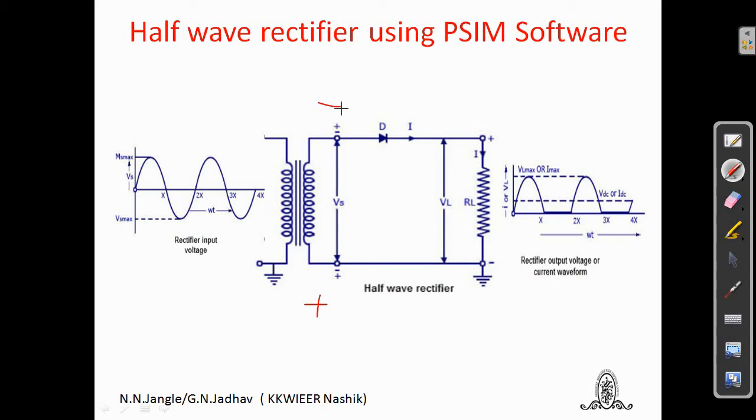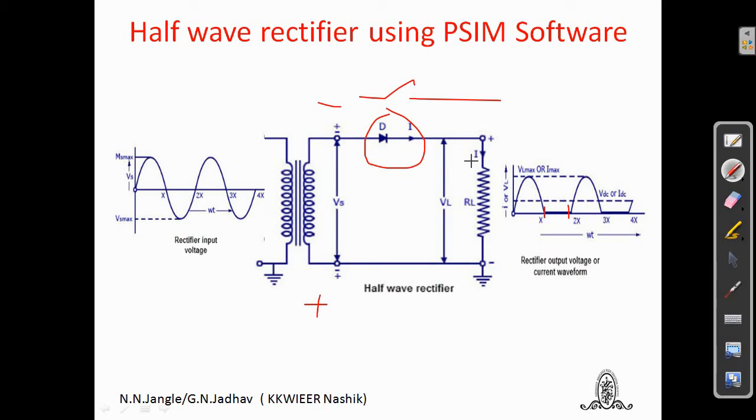Thus during the negative half cycle of the input AC voltage, the diode is in reverse bias condition, so it will act as an open switch. So there is no flow of current and the output voltage will be 0. Thus for the negative half cycle, no power is delivered to the load.